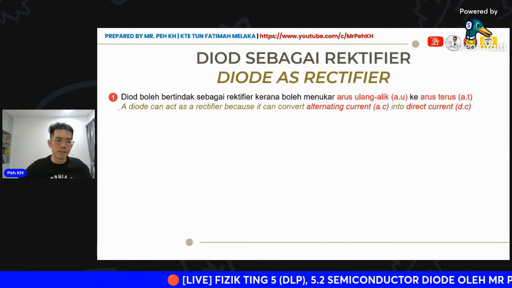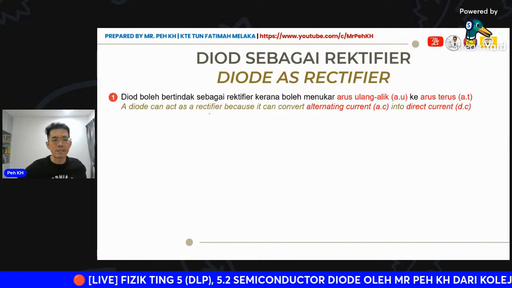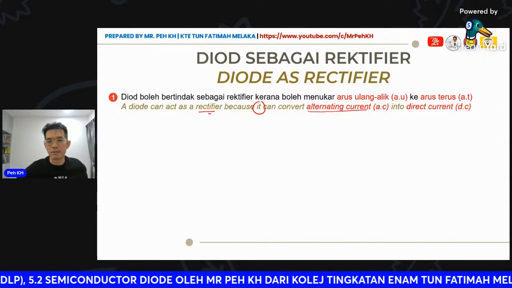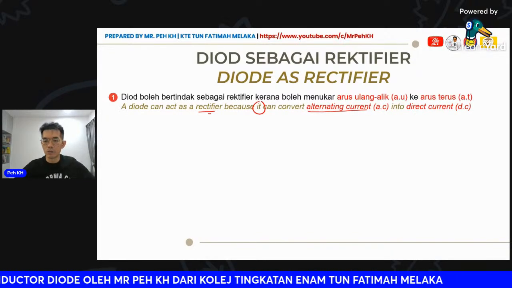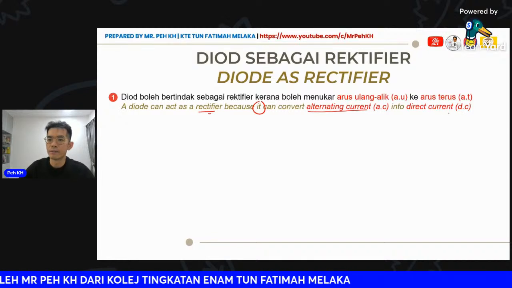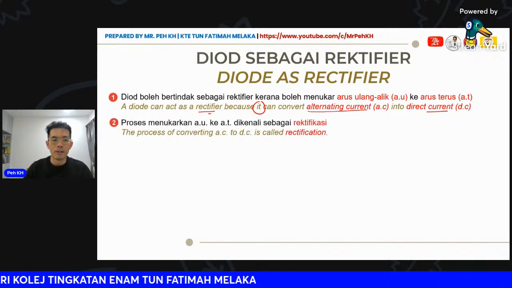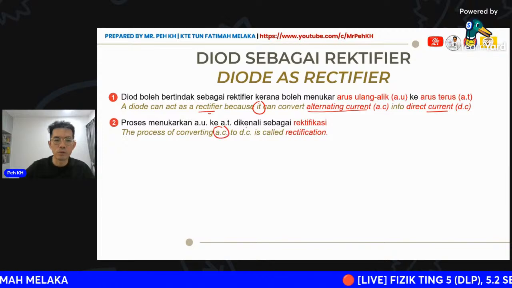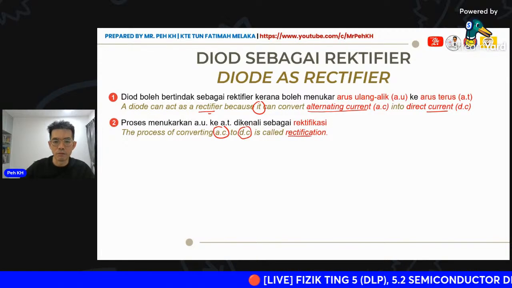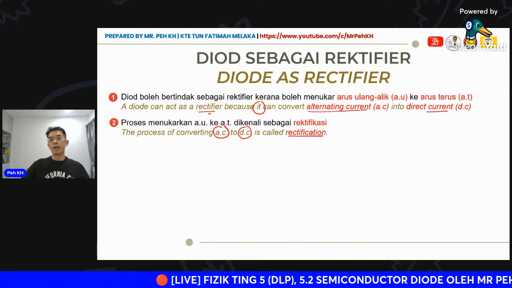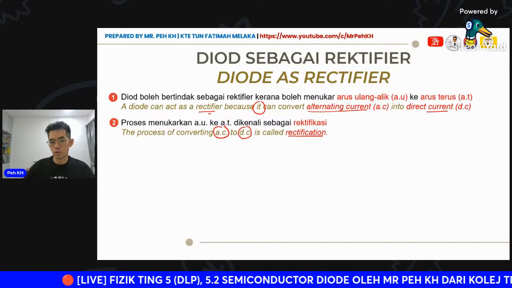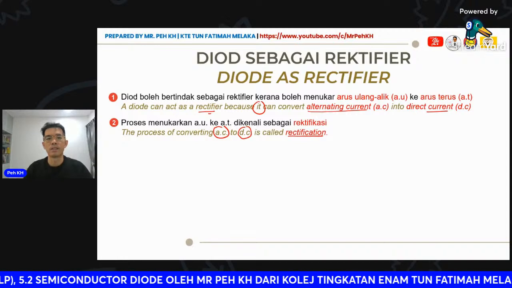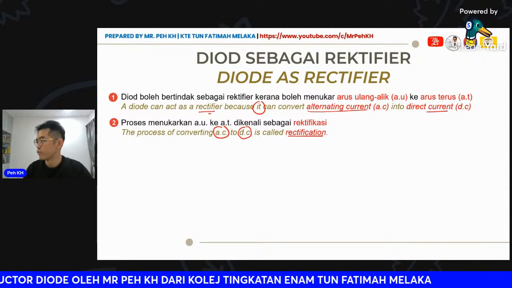You can see the first sentence: a diode can act as a rectifier because it can convert alternating current, or AC, into direct current. The process of converting alternating current to direct current is known as rectification. So the diode is able to change AC to DC, which is why we call it a rectifier.